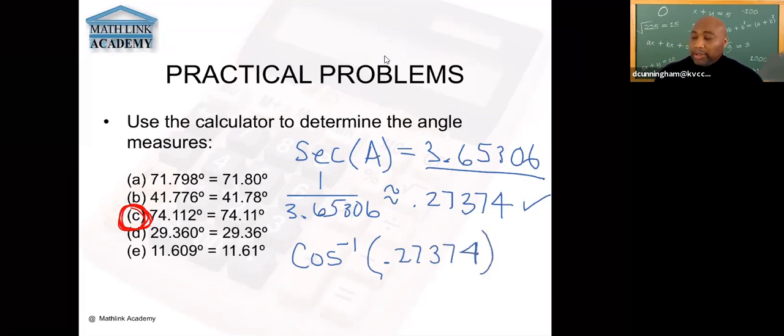So now do that. Again, you have to know which one you're going to use. And then once you put that in your calculator, you should end up with this value right here, 74.112 degrees. If you want to go to 2 decimal places, it'll be 74.11.